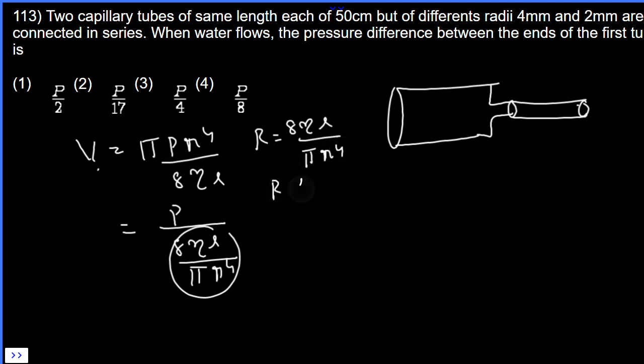From this, resistance is inversely proportional to r power 4. In the first case, R1 can be taken as K by r power 4.